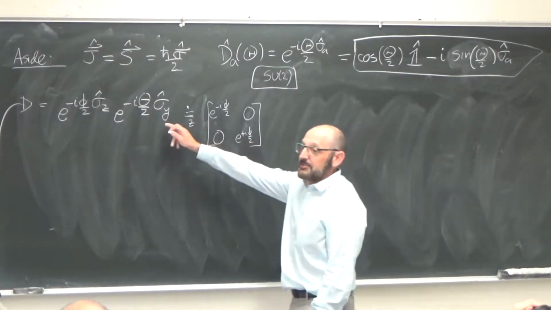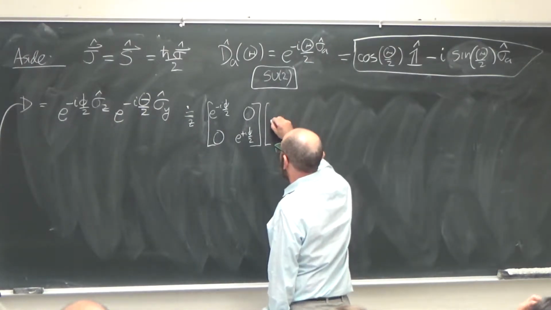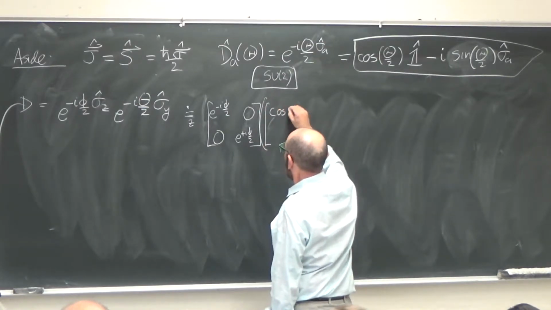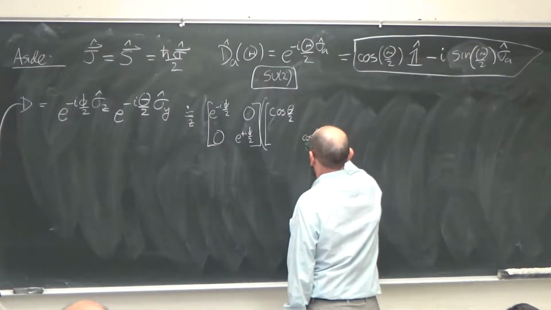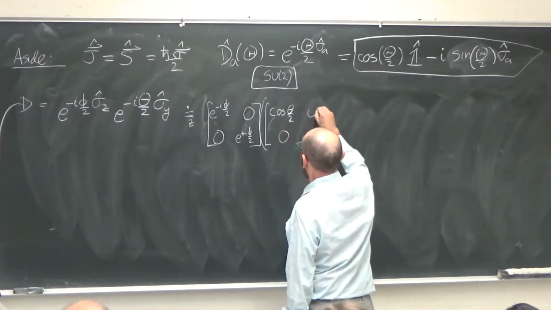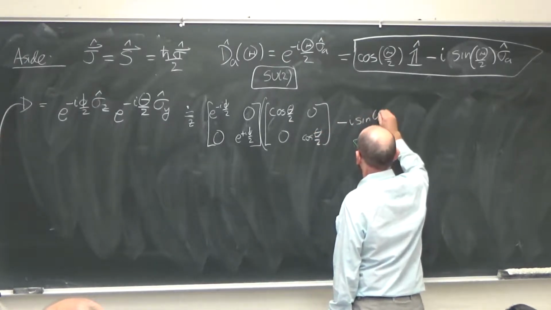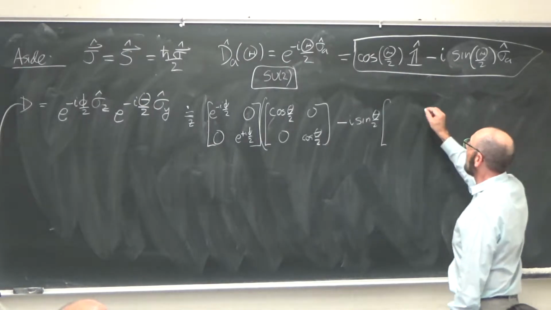Okay, in the standard basis, ordered in the standard way. What about this matrix? Well, that matrix is equal to cosine theta over 2 times the identity, minus i sine theta over 2 times sigma y. And what does sigma y look like?